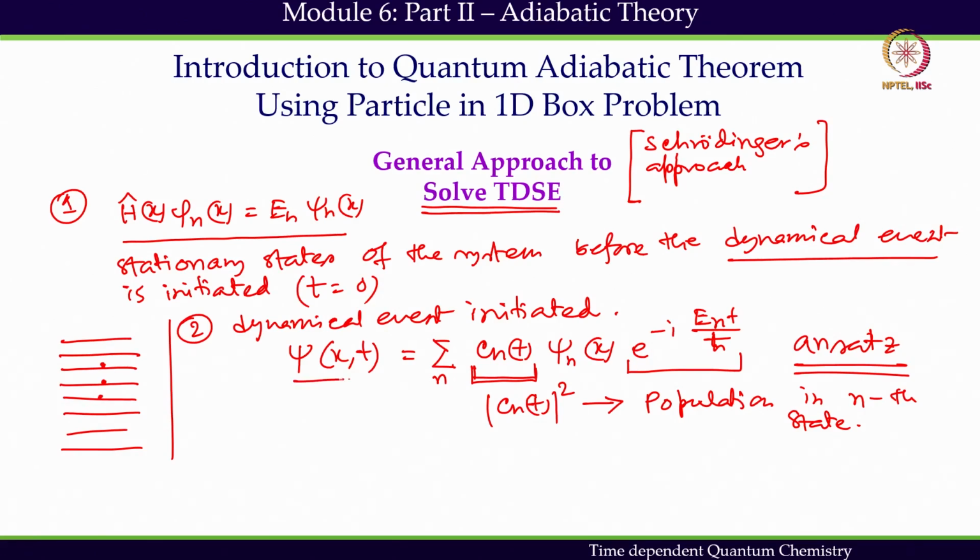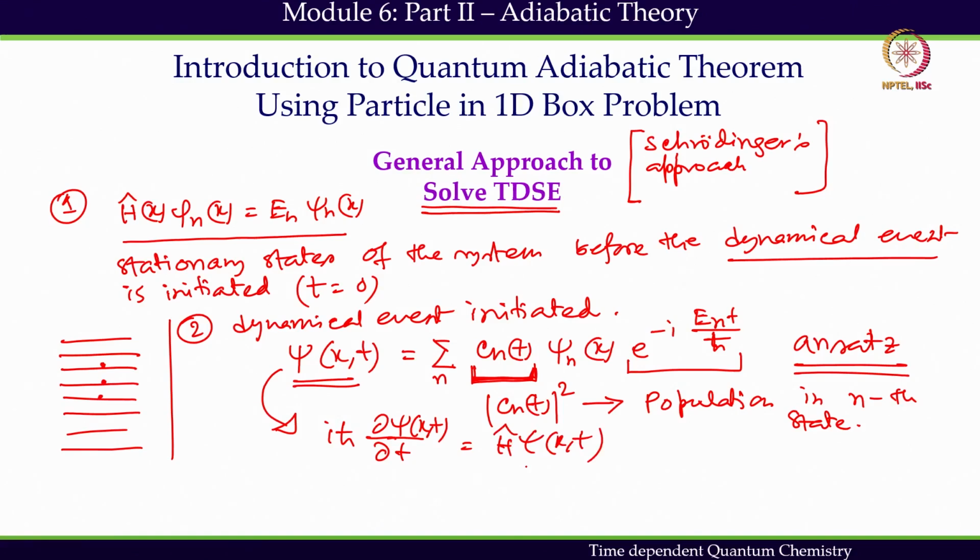In order to express that state, I need to know the population, and that population can be obtained by inserting the trial wave function into the TDSE, which is i h cut d psi(x,t)/dt equals H psi(x,t).